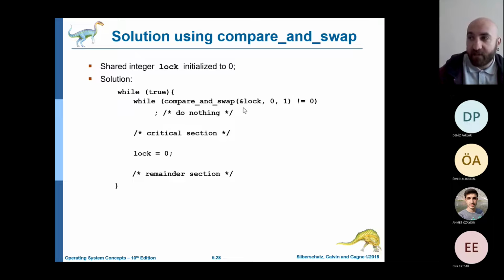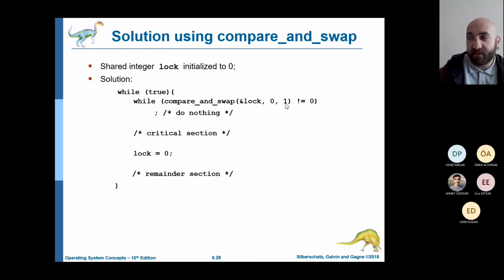So actually this is our compare and swap function. This is value, this is expected value, and this is the new value. So in the compare and swap function, if the value of lock is 0, we are going to swap it to 1. So based on that, in every case, we are going to get the original value of lock.